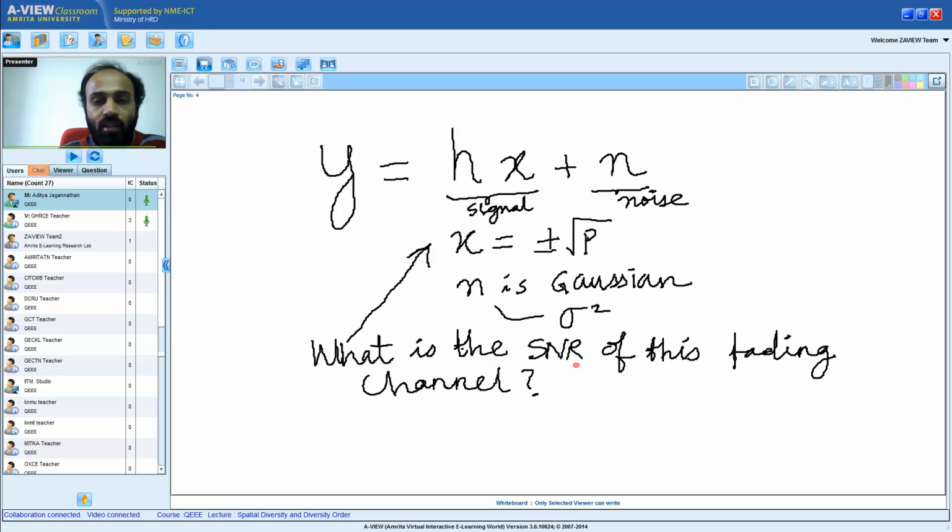What is the SNR at the receiver in this system? Can all colleges think about this? Can someone prompt the answer?